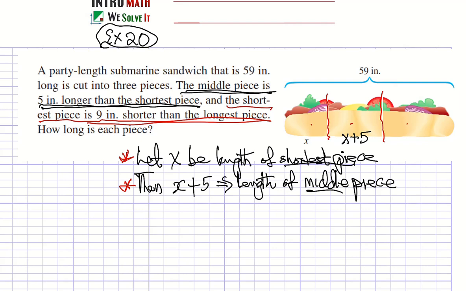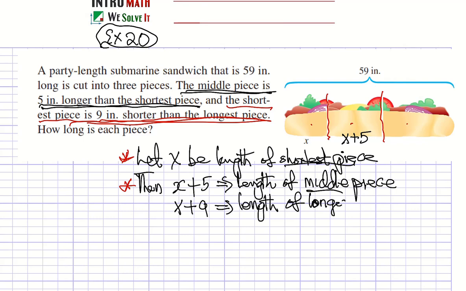So that means this is describing the longest piece. We're not gonna describe the shortest piece again; we describe the longest piece. They designed this to confuse. So we'll have to say x plus 9, the length of the longest. Sometimes they use the wording to try to confuse you.